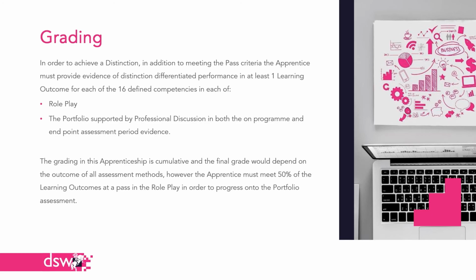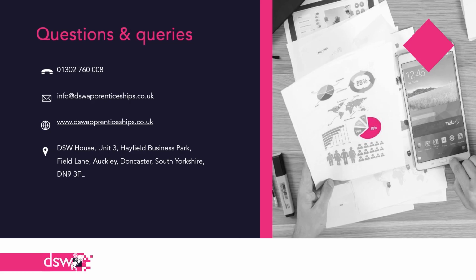The grading in this apprenticeship is cumulative, and the final grade depends on the outcome of all assessment methods. However, the apprentice must meet 50% of the learning outcomes at pass in role-play in order to progress to the portfolio assessment.